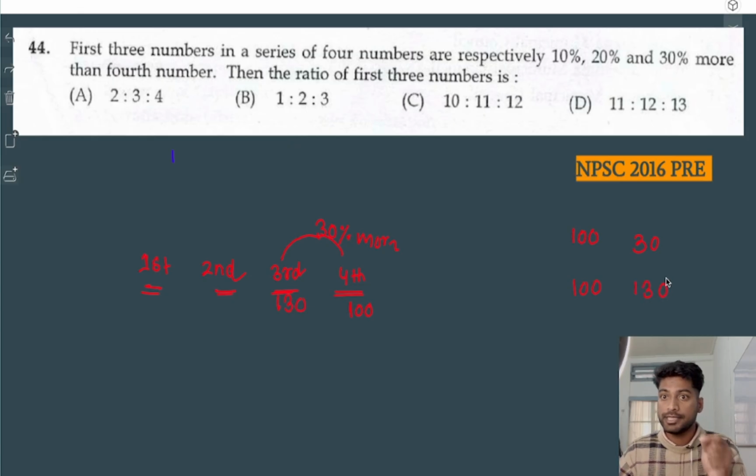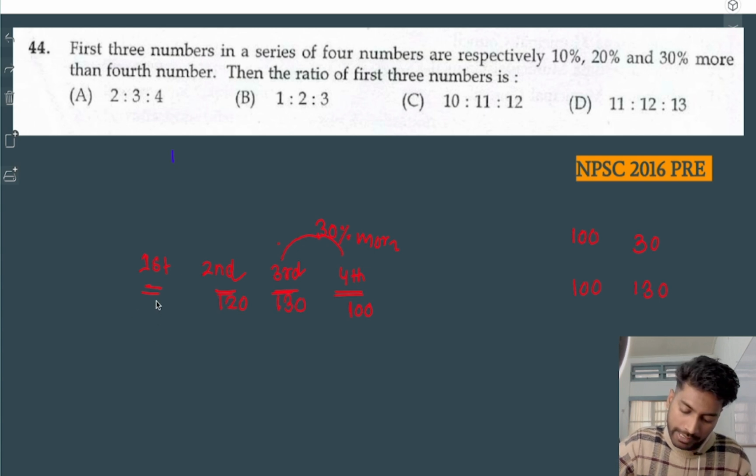So be careful with the word more. Then the second number, they are saying it's 20% more than the fourth number, not the third number. 20% more means it will be 120. First number is 10% more, so it's 110.